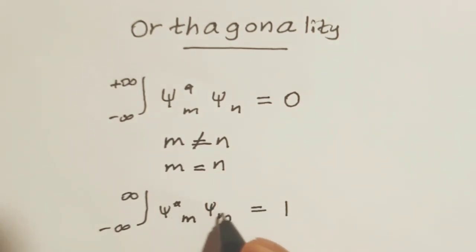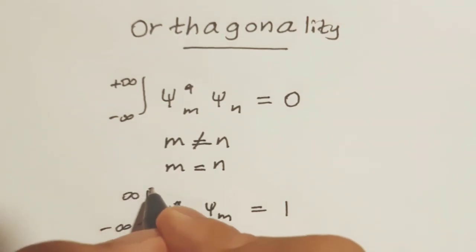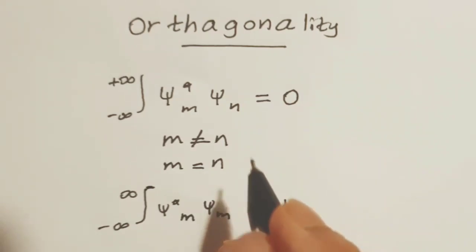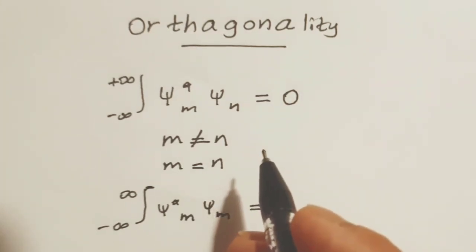So this is the probability of finding the particle in the region from minus infinity to plus infinity. So we discussed the normalization condition and the orthogonality in this video.